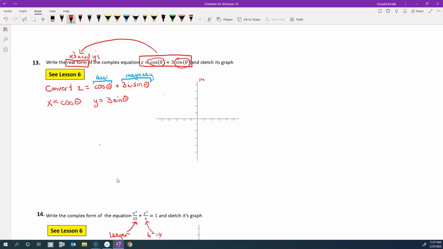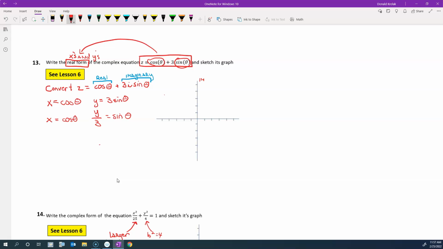Now I'm going to solve each one of these for x and y. So this is already solved for x. Okay, this one, I'm going to isolate sine by dividing both sides by 3. So sine theta is equal to y over 3, and cosine theta is x, that one's already solved.